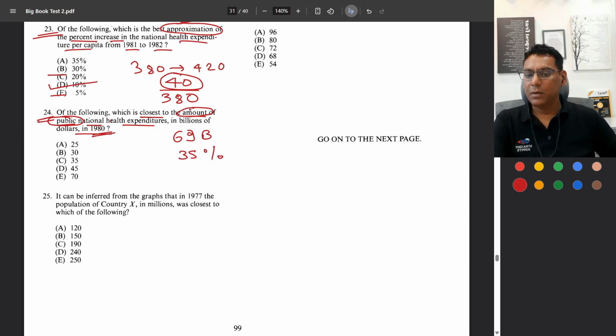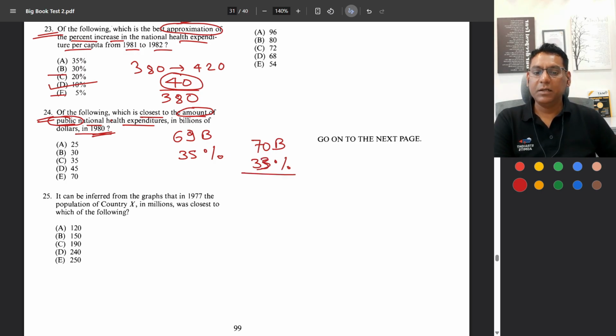Amount of public expenditure in billions of dollars. We will have to come up with some number for this. So let's say it was 70 billion and 35% of 70 billion. Let's say 33 billion, so that it's easy for us to calculate. So it will be 21 billion off or something, right?